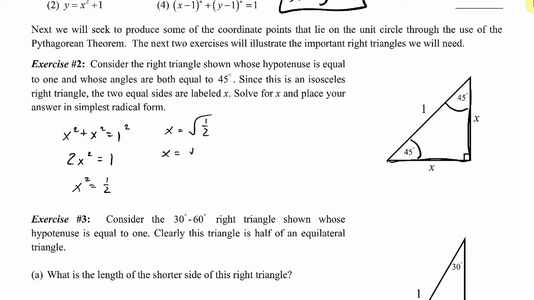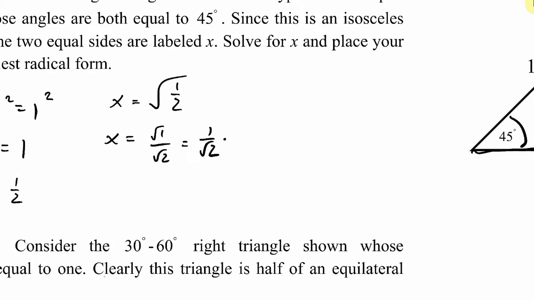Well, I can clean that up. That's the square root of 1 over the square root of 2. Square root of 1 is 1. I could write it like that, but I don't usually like to keep the radicals in the denominator, so I'm going to rationalize this. I'm going to multiply this by the number 1 in the form of radical 2 over radical 2. Up top, 1 times radical 2 is radical 2.